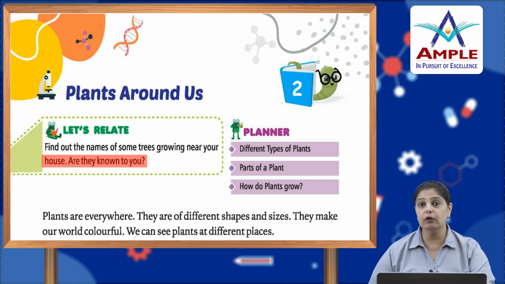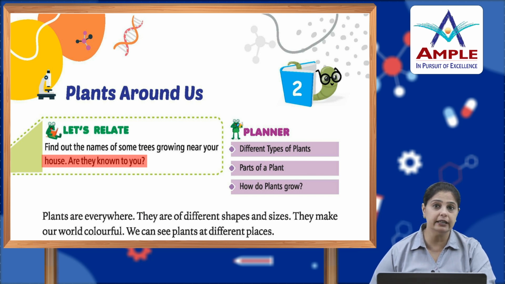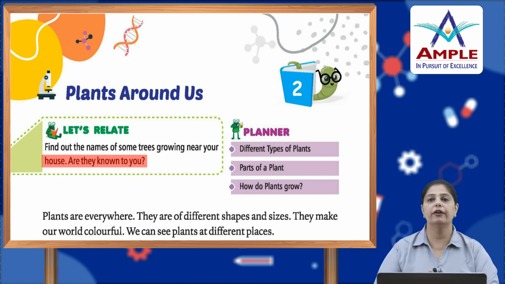Have you seen them quite often around your neighbors, maybe in the society or near the school as well? If you have seen certain common types of trees, do try to find out more about them, like the tulsi plant, the neem tree. These are trees which are useful to us. Alright, so now let's begin with this chapter.